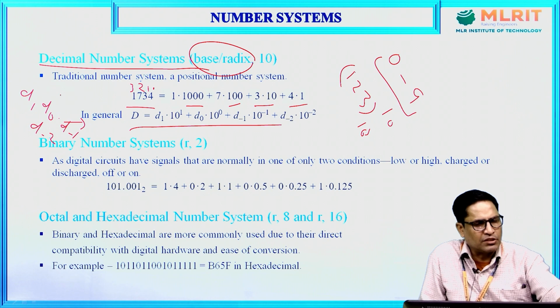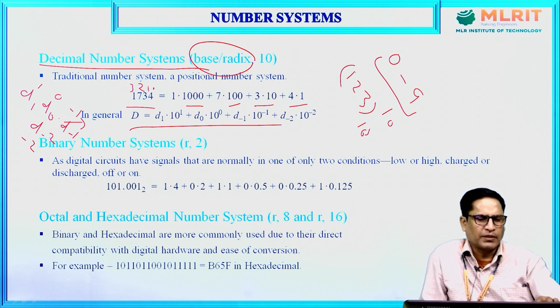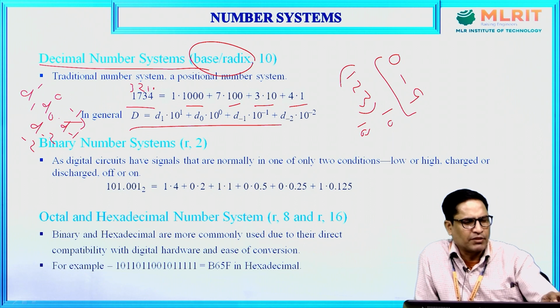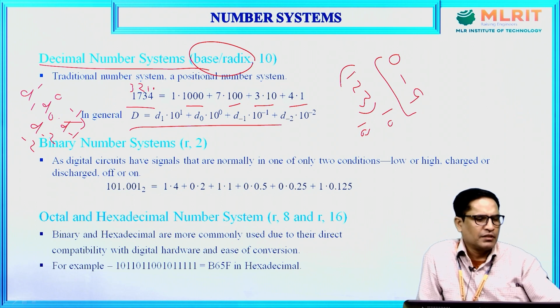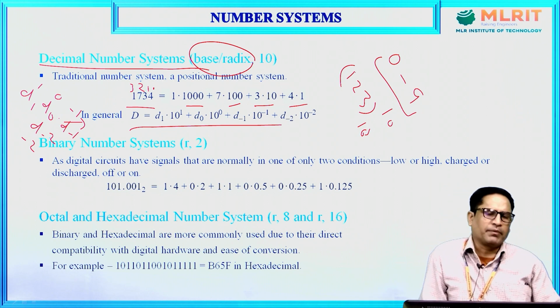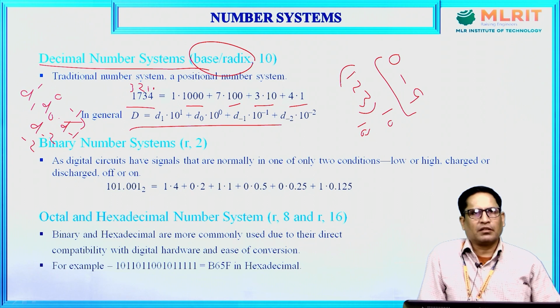Please note that D0 has position 0, D1 has position 1, and since D of minus 1 and D of minus 2 appear to the right of the decimal point, they have positions minus 1 and minus 2. That's why D1 is multiplied by 10 power 1, D0 by 10 power 0, D of minus 1 by 10 power minus 1, and D of minus 2 by 10 power minus 2. So this is all about the decimal number system.